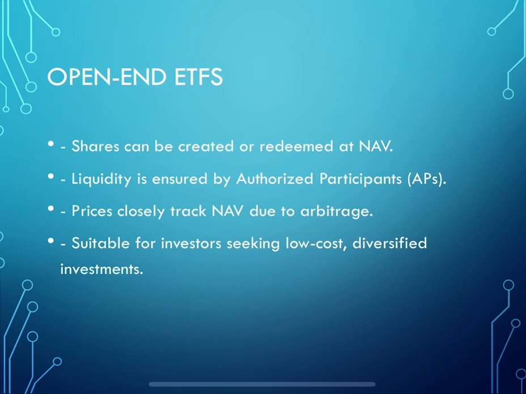If we speak about the brief history of ETFs, in the 1960s to 70s the concept of the index fund emerged. In 1989, the first ETF-like product, the Toronto 35 Index Participation Unit, launched in Canada.